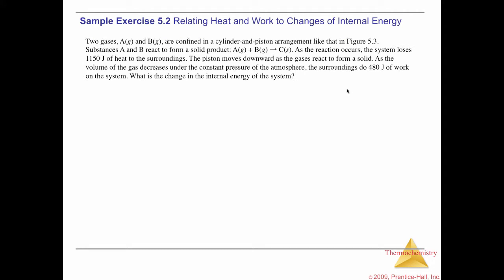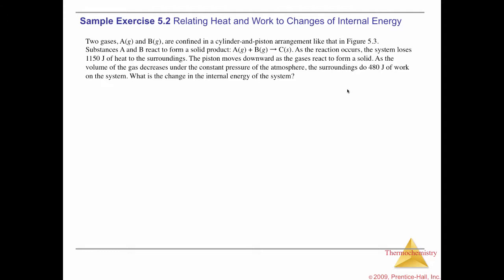Sample exercise 5.2, relating heat and work to changes of internal energy. Two gases, A and B, are confined in a cylinder and piston arrangement like that in figure 5.3. Substances A and B react to form a solid product, C. As the reaction occurs, the system loses 1,150 joules of heat to the surroundings.